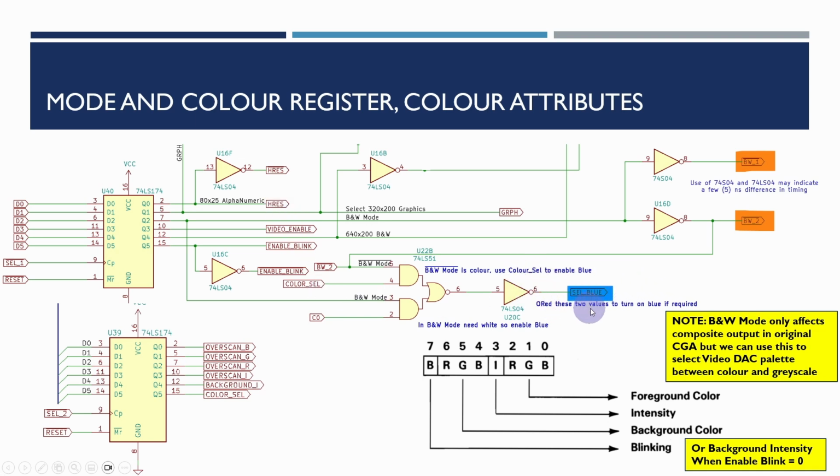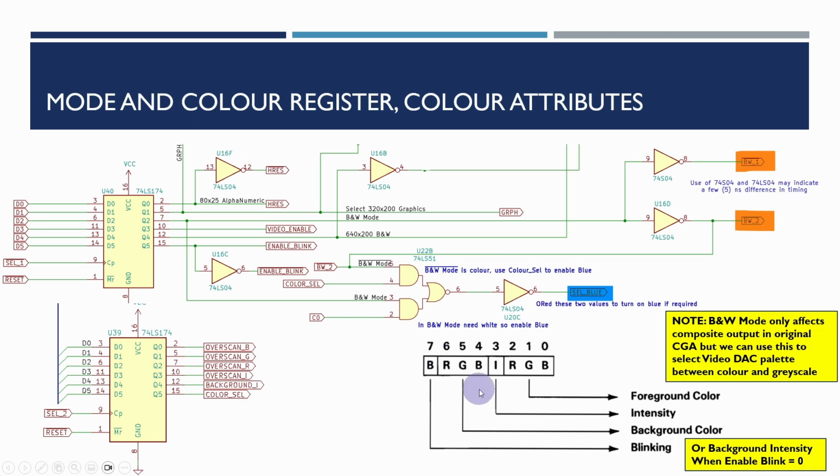In order to get some of the range of colours in the 4-colour palette, select blue is output to enable the blue. If we're in black and white mode and the C0 is enabled, then we get blue. Or if we're in the colour mode and colour select is 1, then we'll get the blue as well. So this is how the blue is turned on and off for the 4-colour graphics mode.